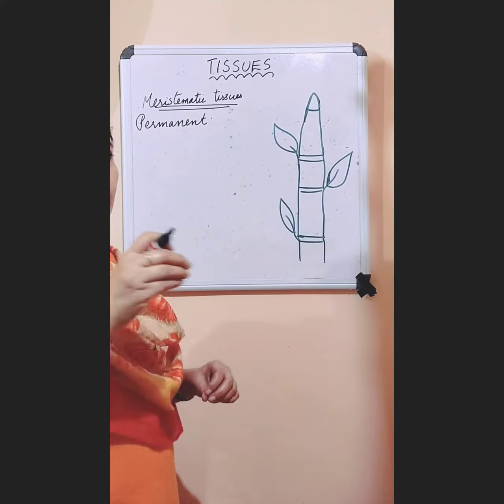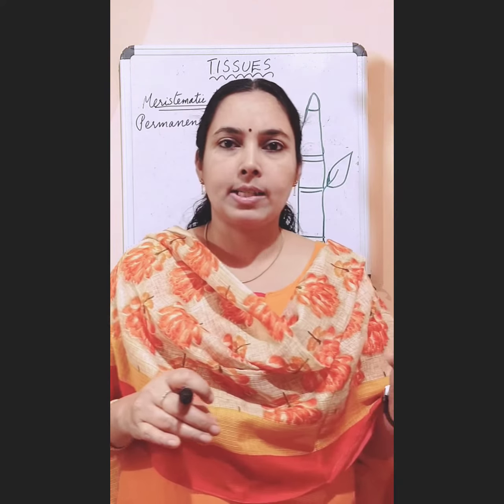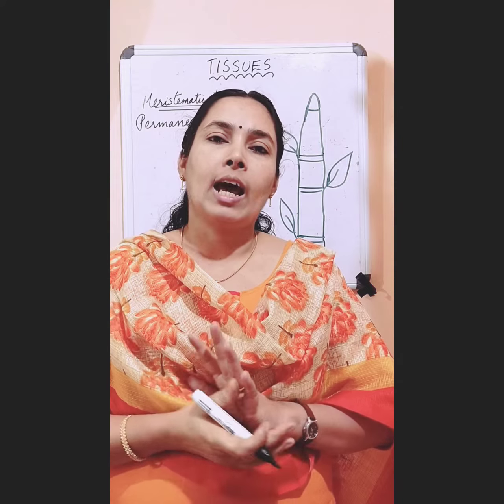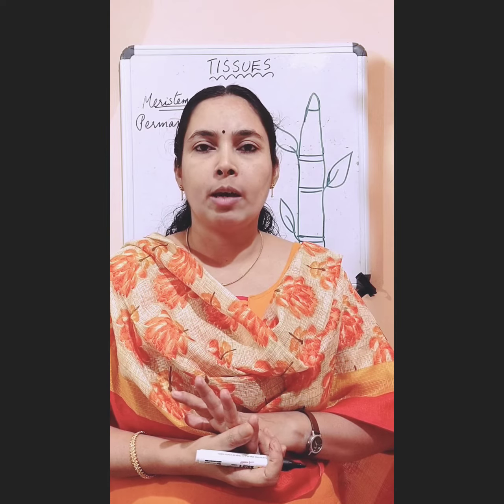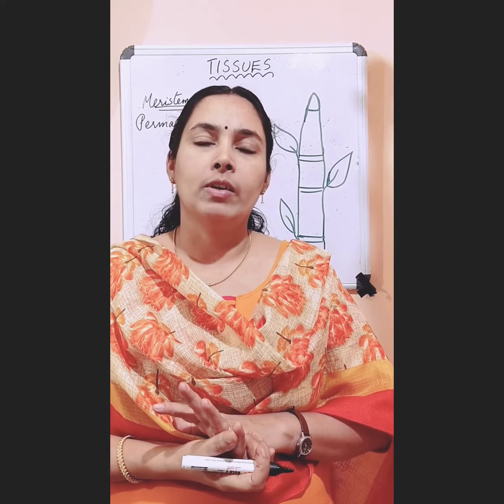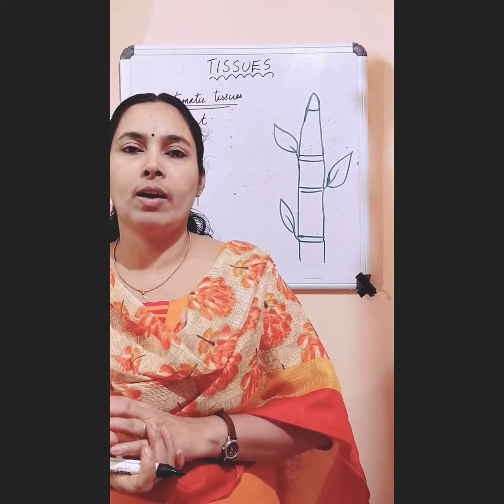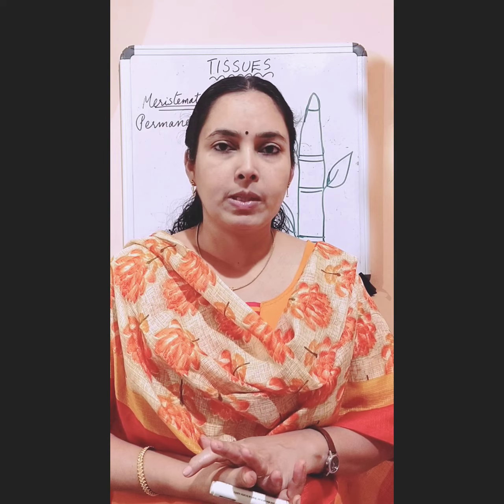So based on their location in the plant, we can see there are three types of meristematic tissue. So where they are present, based on that, these meristematic tissues are divided into three types.